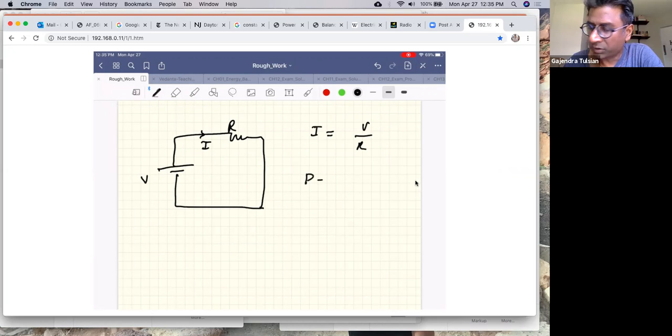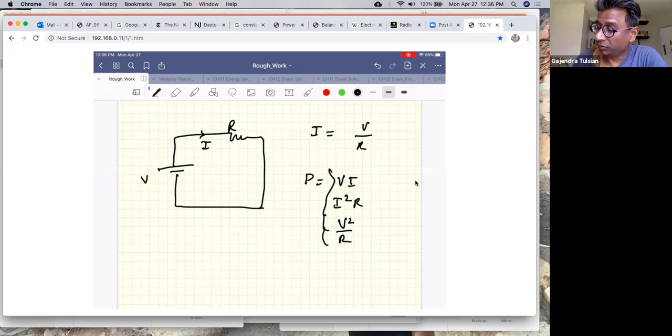The power was given by V times I, I square R, or one more expression. Let's see, V square over R, okay. So the power in the circuit was given by that.